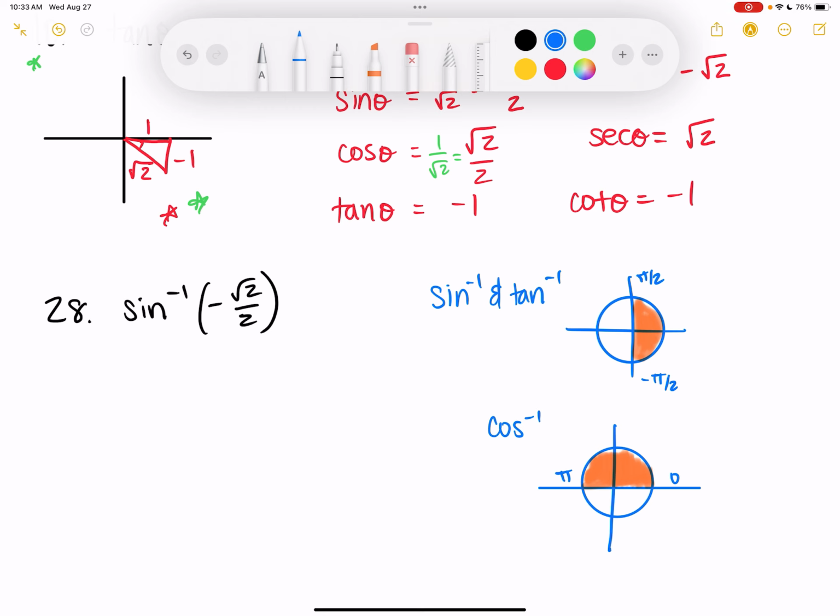Sine is the y, so that means it would be down here. But remember, the common mistake is people saying it's 7π/4. It would actually just be -π/4, because it's from -π/2 to π/2. So this would be at -π/4, or in degrees, -45 degrees.